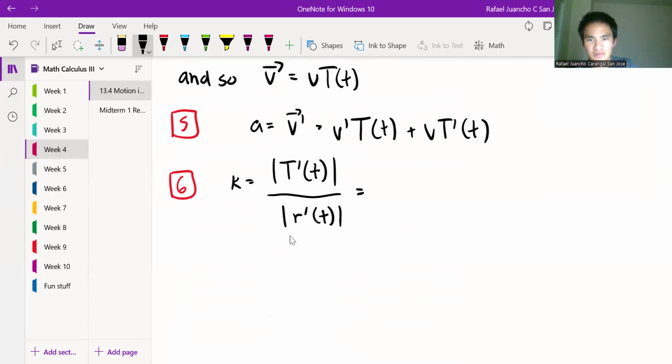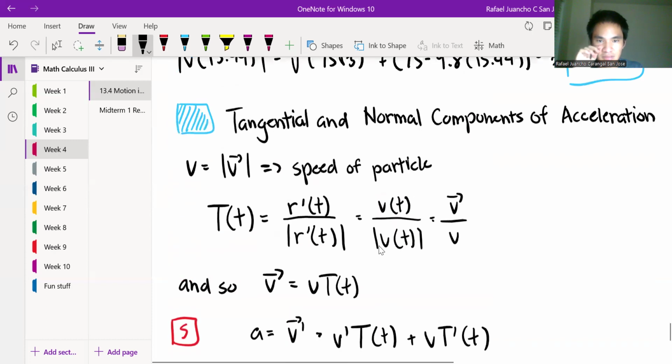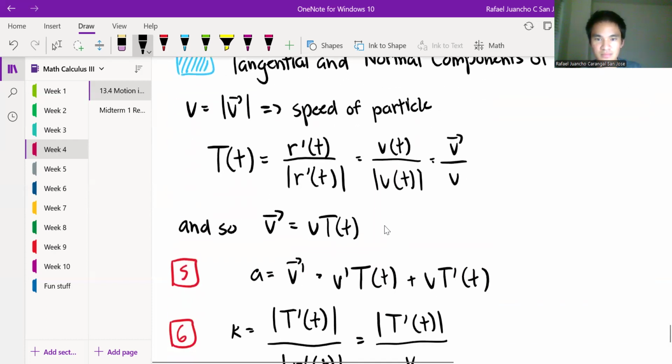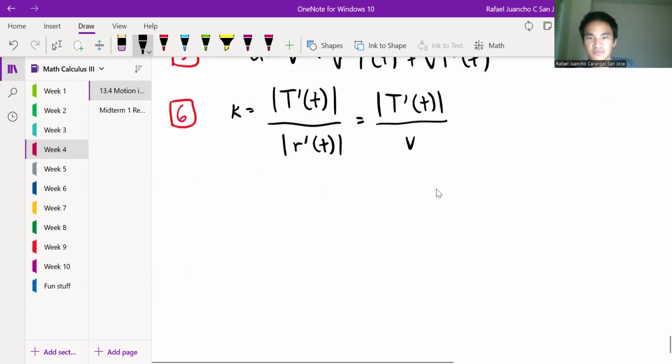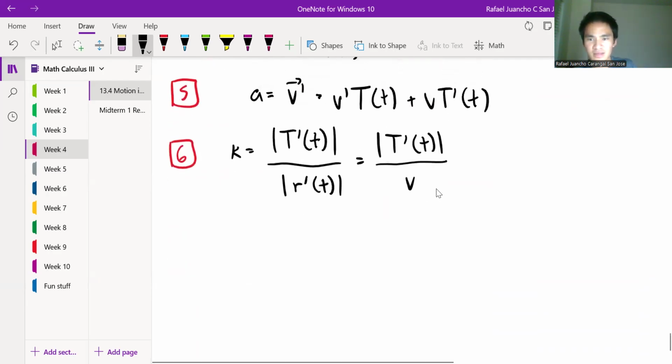And this was equal to, well, we can say it's equal to this over v, right? The magnitude of r prime of t is equal to v, our speed. And so we say that the magnitude of the derivative of my unit tangent vector is just my curvature times my speed, right?